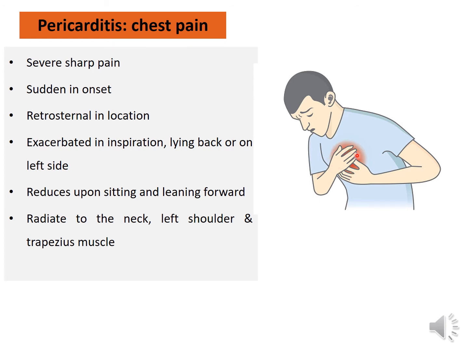The pain from the pericardium will radiate to the neck, the left shoulder and also over the trapezius muscle due to the C3, C4 and C5 dermatomes. This is about pain related to the pericardium, particularly in pericarditis.